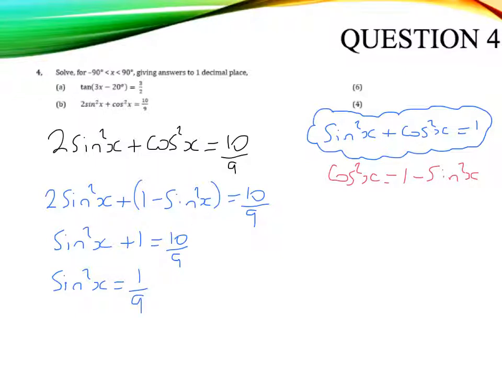Getting rid of my sine squared x means I'm square rooting both sides. So if I square root both sides, I've now got that sine x equals plus and minus 1/3 from square rooting. From here, I can now work out what the values are that I'm interested in between 90 and minus 90. Let's have a look on our calculator.